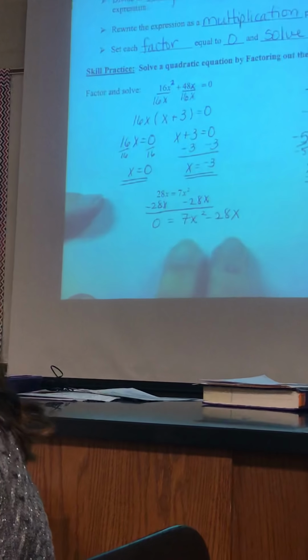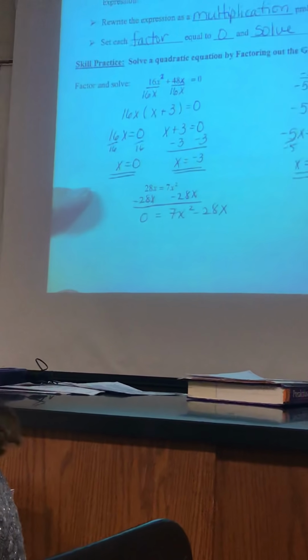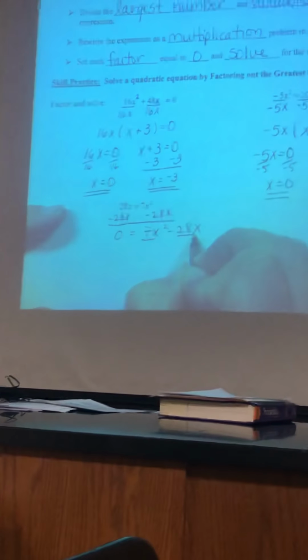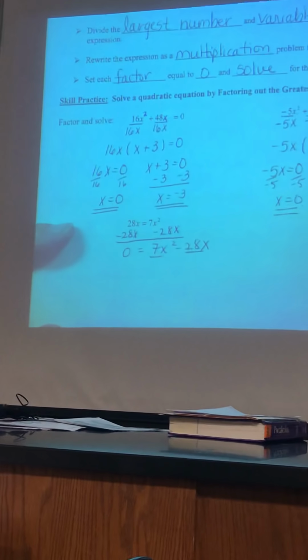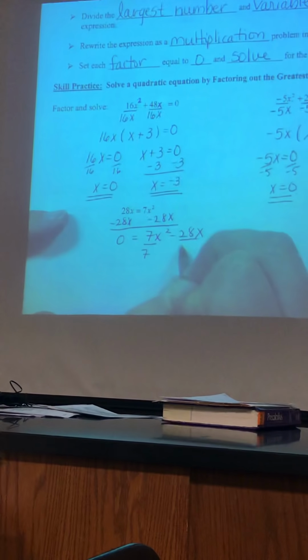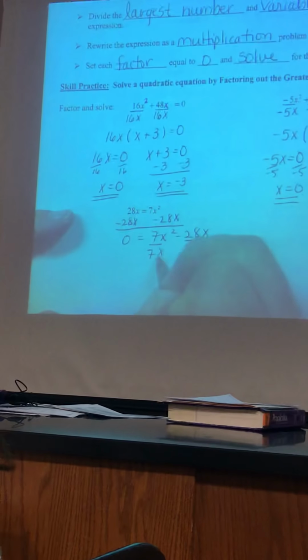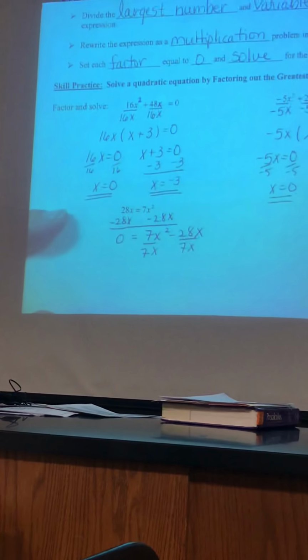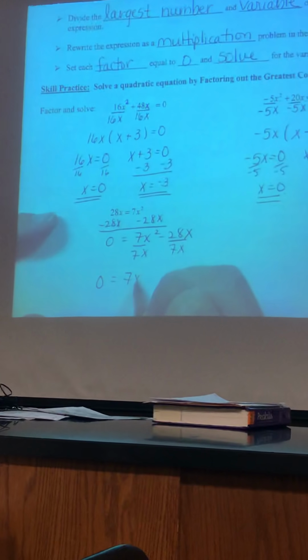And now I'm going to look for a GCF to divide out of both terms. So what number can I divide out of both? How many variables can I divide out of both? I can divide a 7 out of both. I can divide an x out of both terms. So 7x is my GCF.